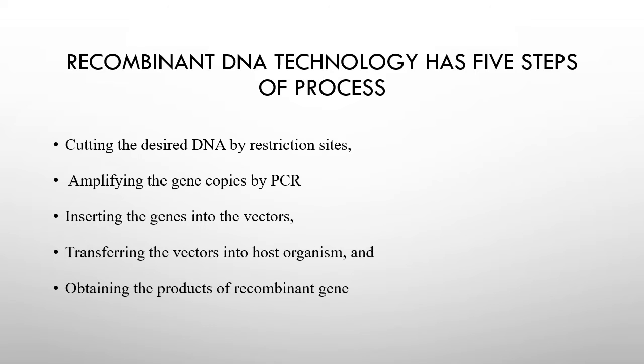What does recombinant gene mean? It means that 2 genes are attached to each other, or 2 genetic materials can be attached in a single gene. That's why it is called a recombinant gene.